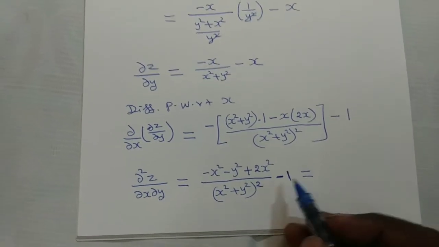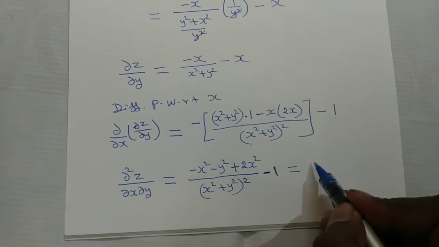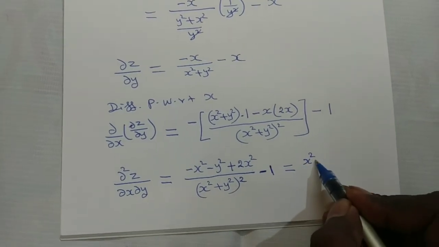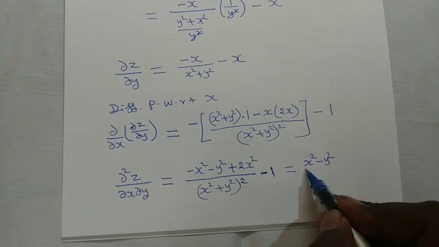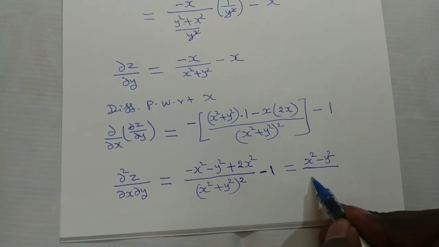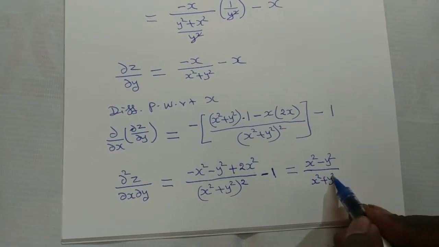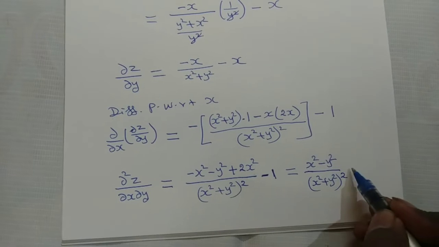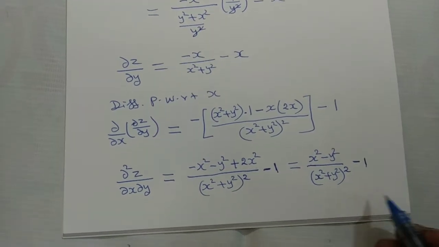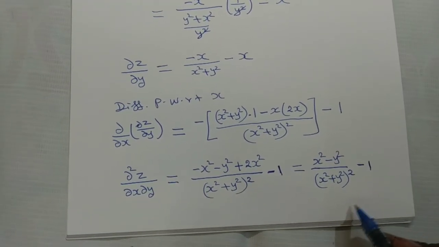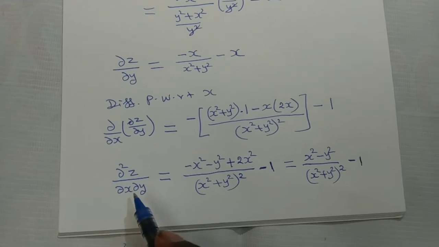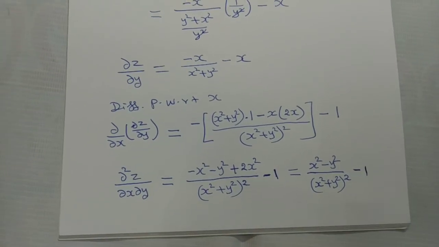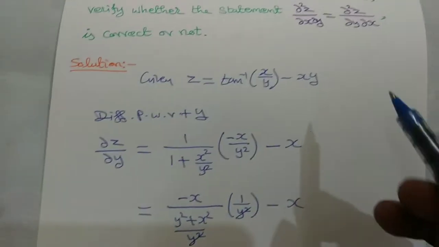So what is the simplification? 2x square minus x square is x square minus y square by x square plus y square the whole square, minus 1. So this is ∂²z/∂x∂y. This is the value. So next I want to find out the RHS value, ∂²z/∂y∂x.